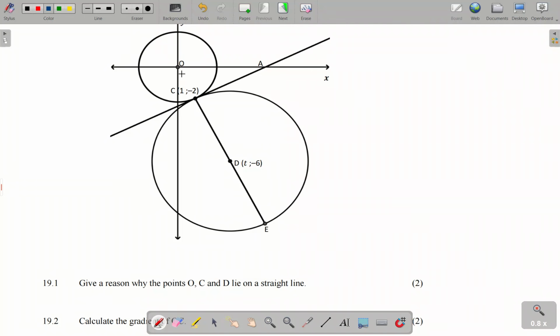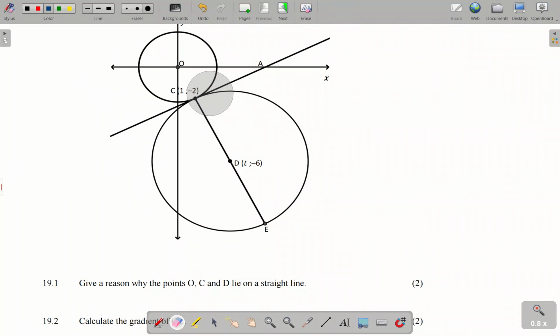So the reason why they lie on a straight line is because the two circles intersect each other externally. You can see that this line passes through the center D and then O there.